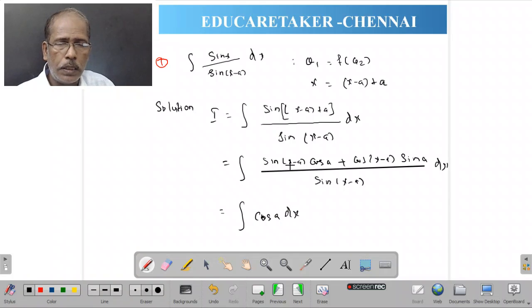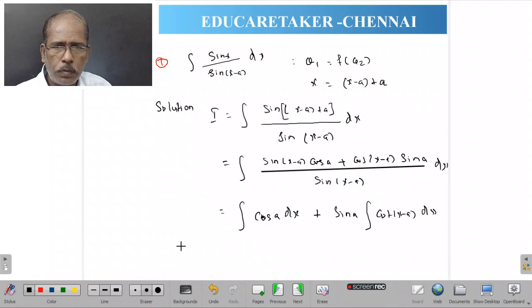The first integral. The second one, sin a is taken as a coefficient, a real number. Integral of cos of x minus a by sin of x minus a is cot of x minus a. So now both the terms are integrable. So we can write here the final answer.